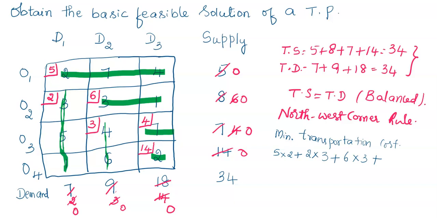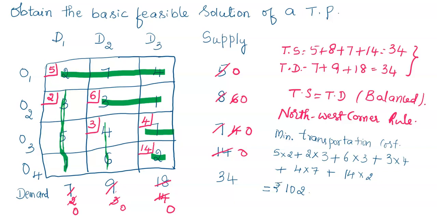One is 3 into 4 plus 4 into 7 plus, you come to the fourth row, we can observe that we have one cell, that is 14 into 2. So you have to simplify these respectively. We are getting 102. The cost we are estimating in rupees. So therefore you have to write the unit as rupees.